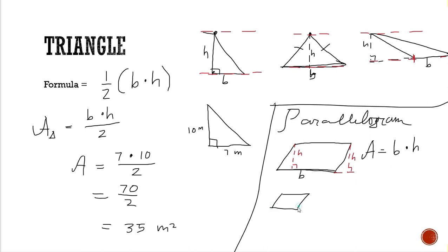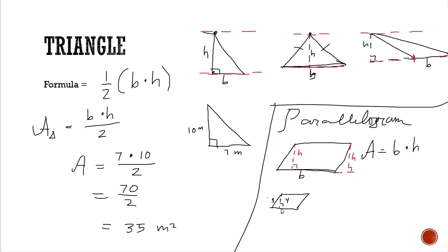So for example, we have a certain parallelogram right here, and it says that this is 3, this is, let's say, 7, and then this part right here is, let's say, 4.